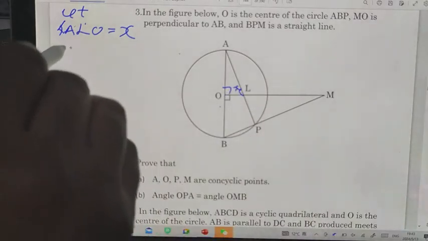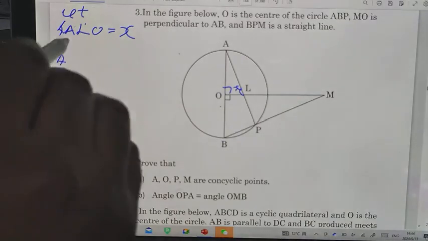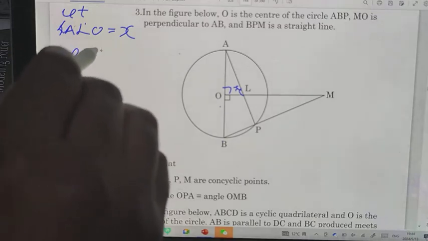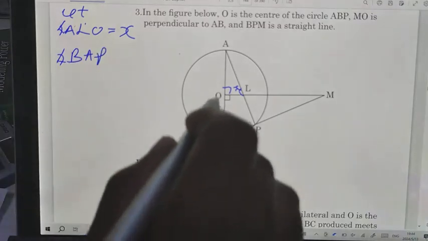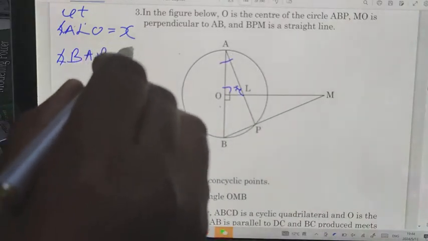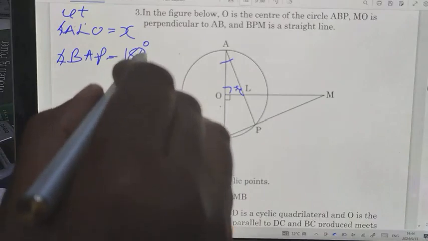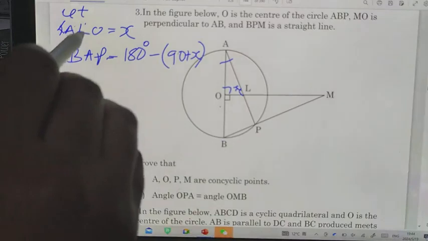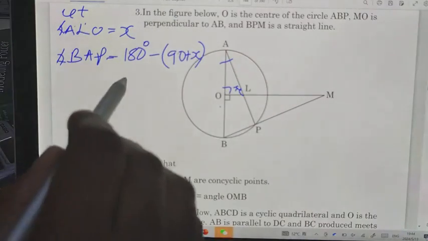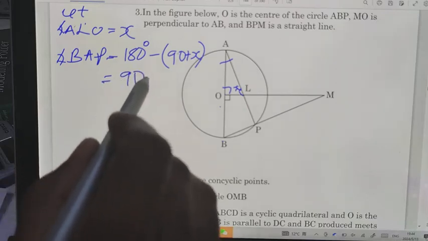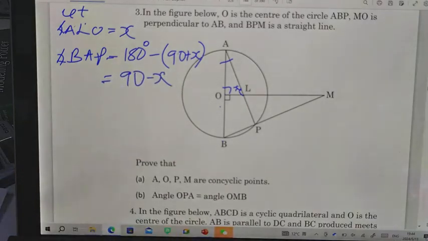So we can say that angle BAP should be equal to 180 degrees minus (90 plus x), that angle ALO, right? And this one will be equal to 90 minus x. Okay, so that's the angle there.